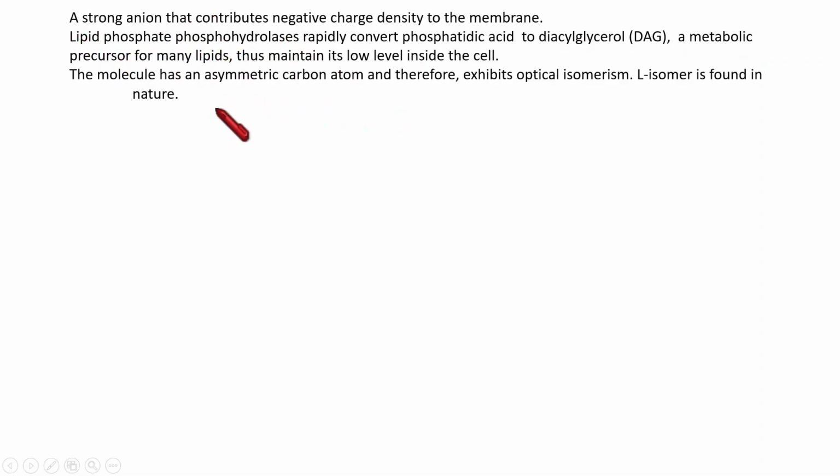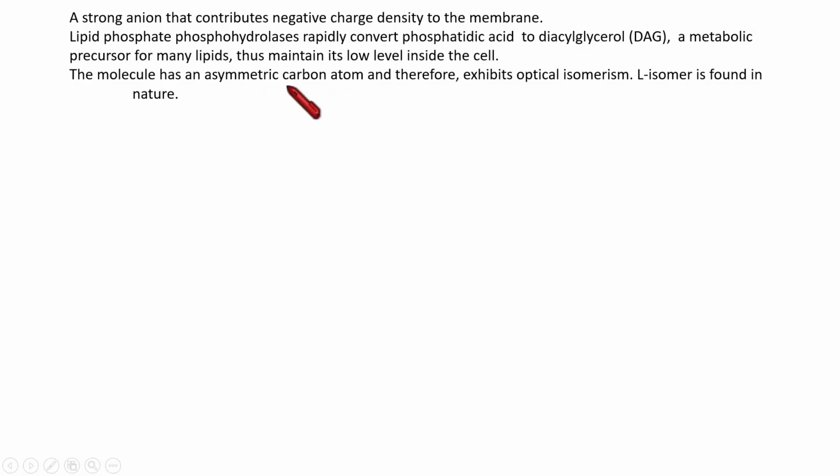Also, this phosphatidate has an asymmetric carbon. In that structure we have seen that only one carbon is asymmetric. Asymmetric carbon means all four of its valencies are bonded with different groups. Then only we can call that carbon asymmetric.